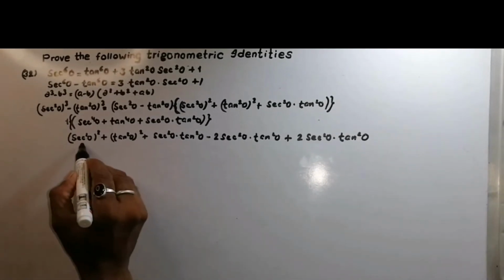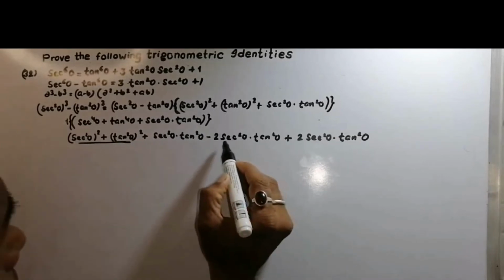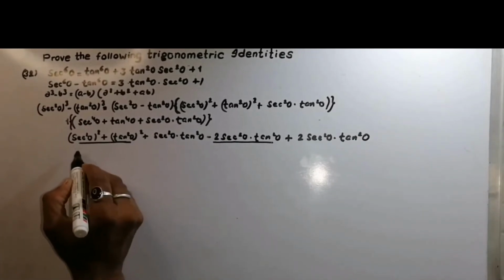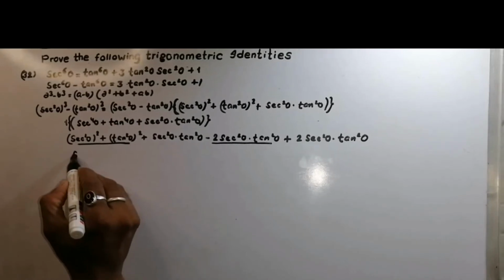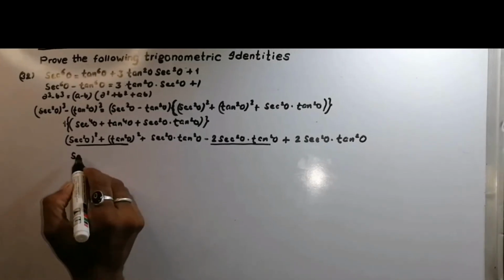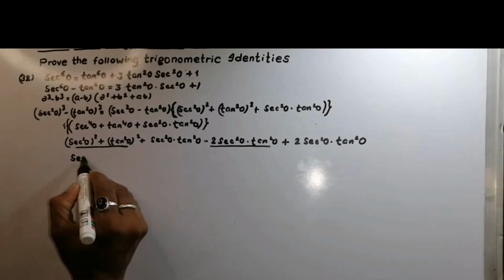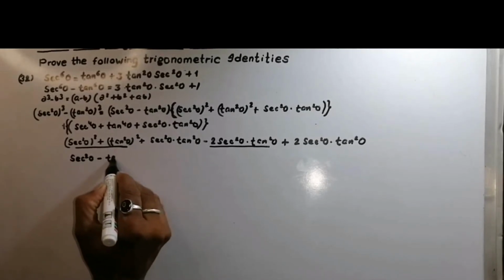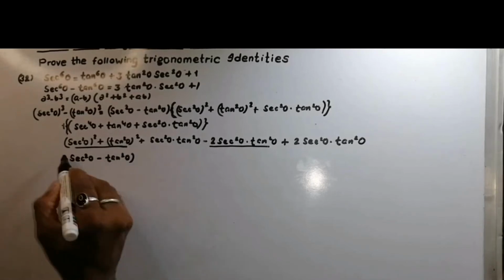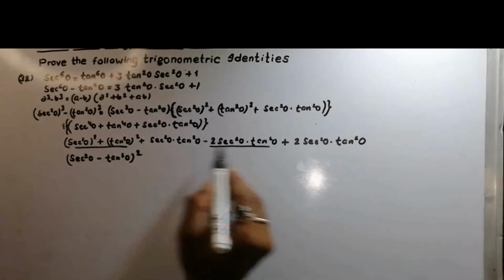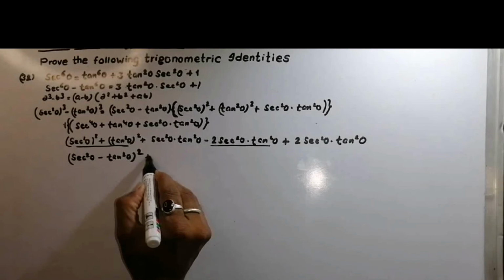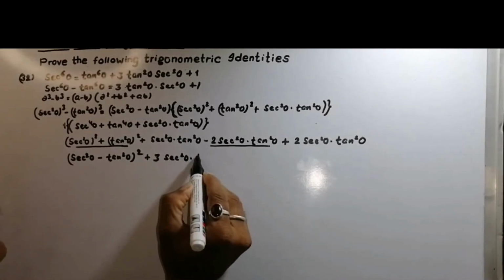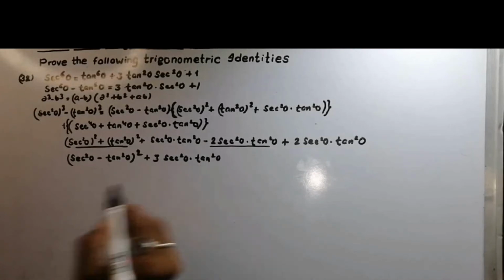So this and this become the identity of a minus b whole square. We can write here sec square theta minus tan square theta whole square, and 2 plus 1 means 3, 3 sec square theta into tan square theta.